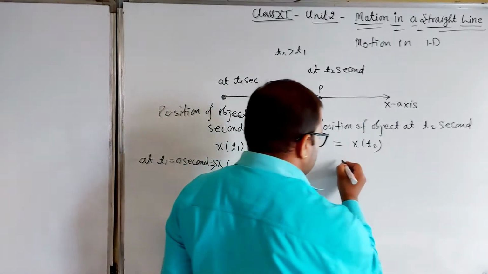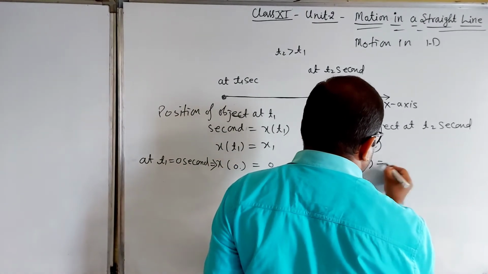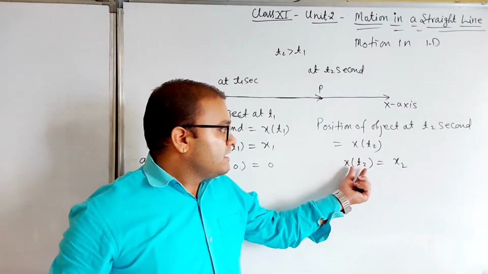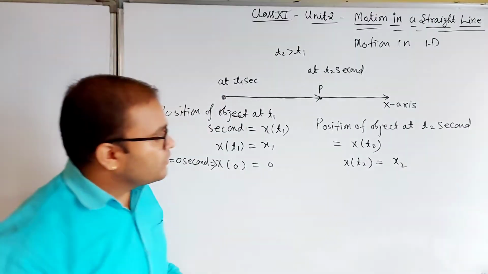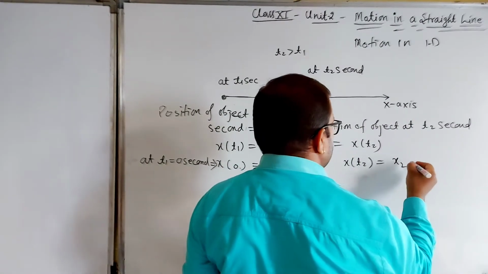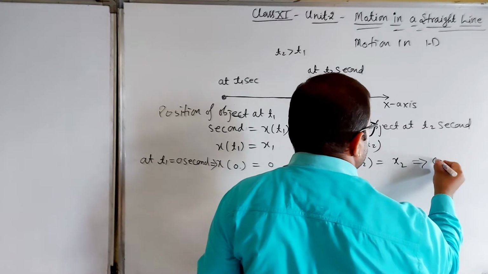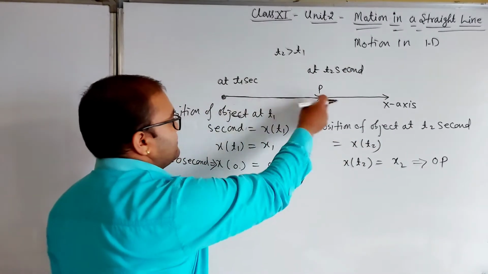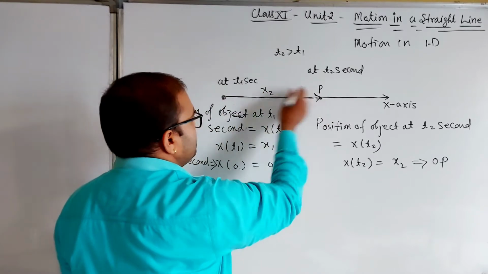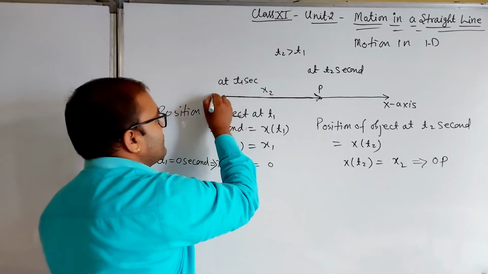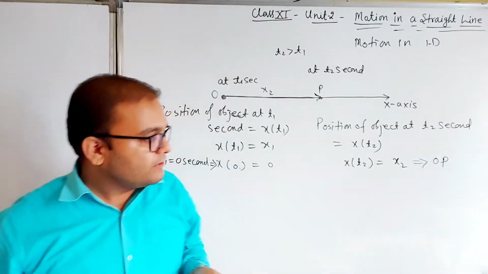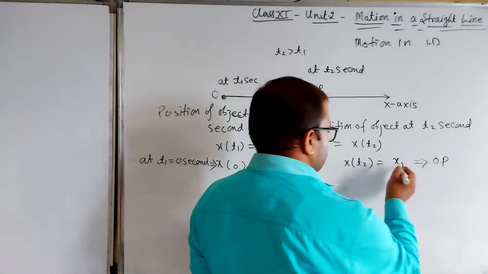Okay, and I can also write x(t2) equal to x2. Now in general x(t2) equal to x2, and we can represent it as OP, means x2 is the displacement of the object from this point O to P. Suppose this is O, then I may write here OP.